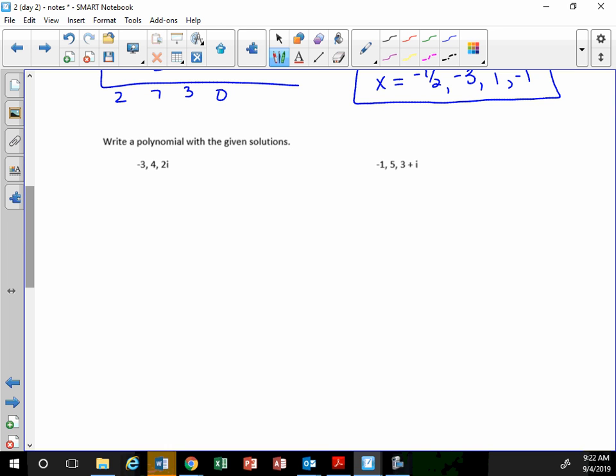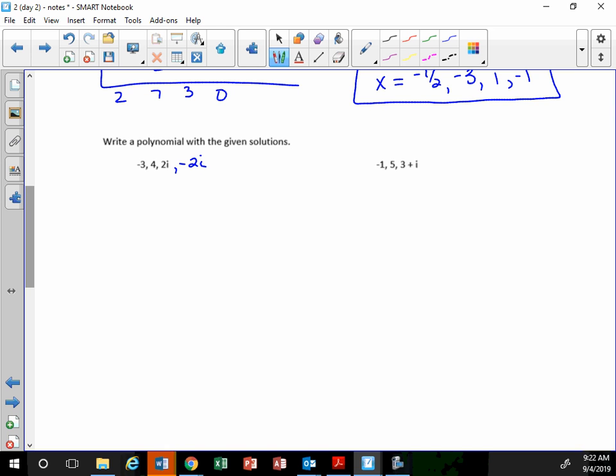Can they be alone? No, they always have a partner, right? So if I have positive 2i, even though it's not listed, I know that negative 2i is also one of the solutions, okay? Vice versa. Yes, yep.